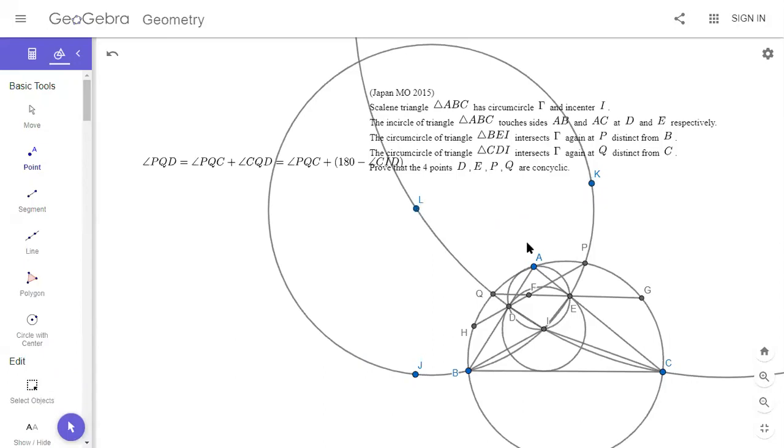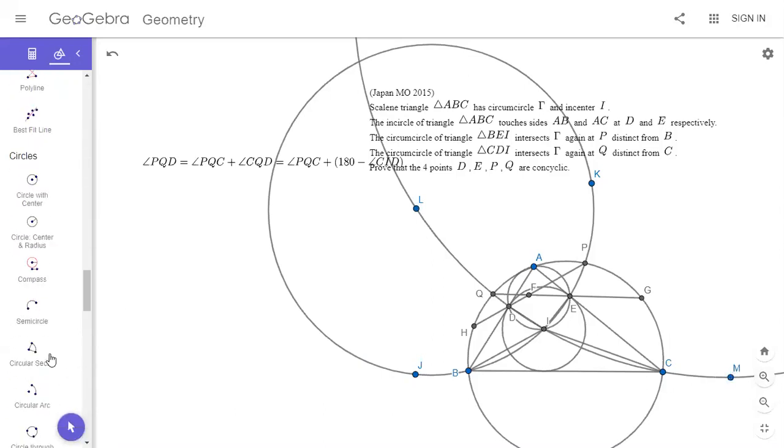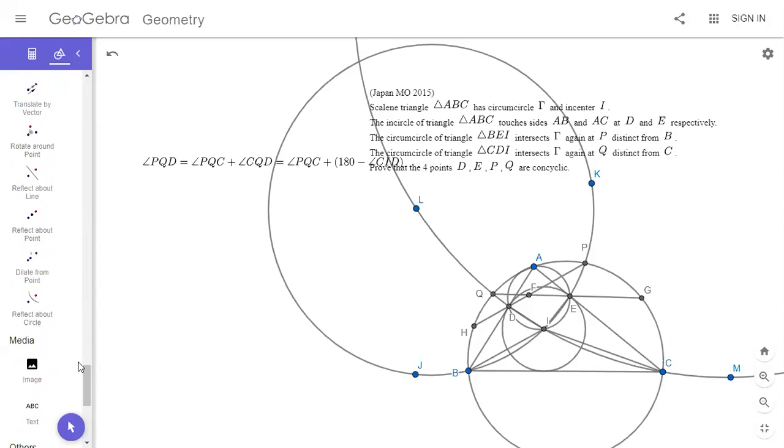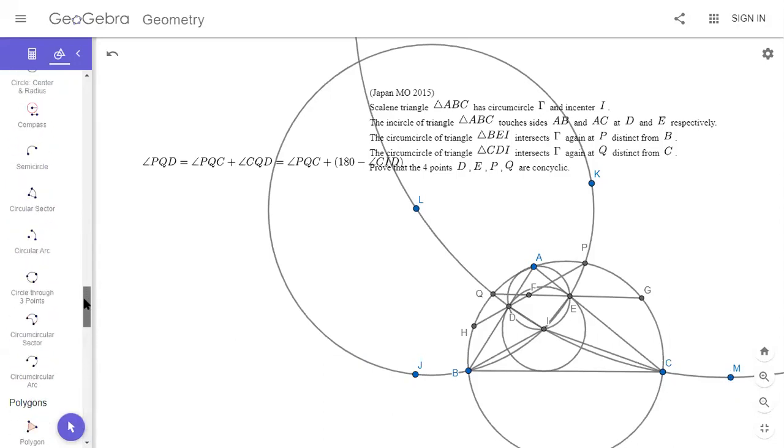Yeah, you can draw arcs with GeoGebra, so I'm gonna do that. Where's my arc? Circular arc JI. Whoops. Didn't mean to do that.